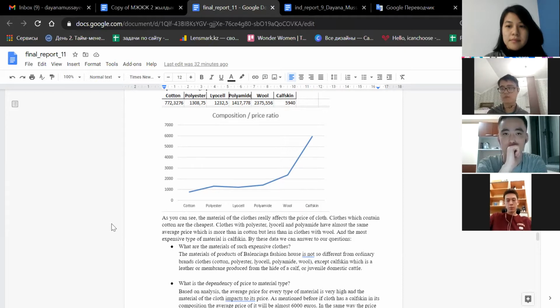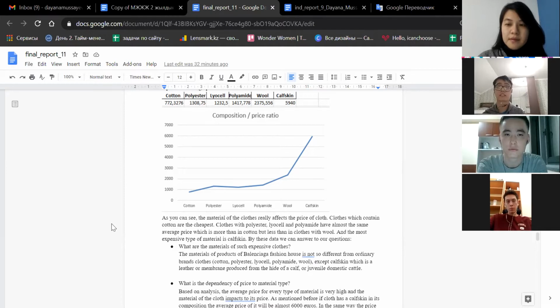There can be ordinary materials such as cotton or polyester, or there can be very expensive and very rare materials such as calfskin. Answering our question, I can say that the materials are mainly ordinary, and there are some exclusive materials. And about the prices of these materials, they are also ordinary materials, but they're expensive.